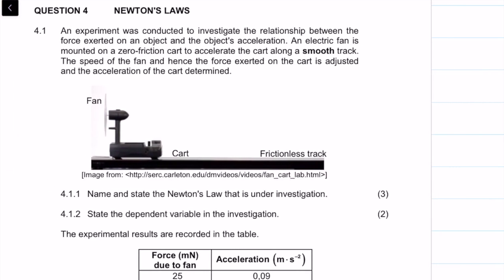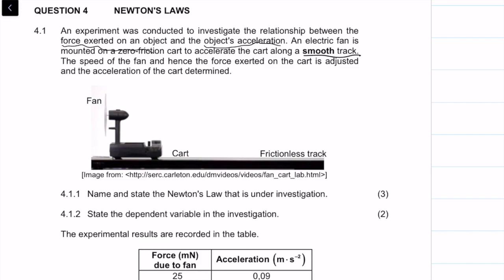Okay, so question 4.1. An experiment was conducted to investigate the relationship between the force exerted on an object and the object's acceleration. An electric fan is mounted on a zero friction cart to accelerate the cart along a smooth track.